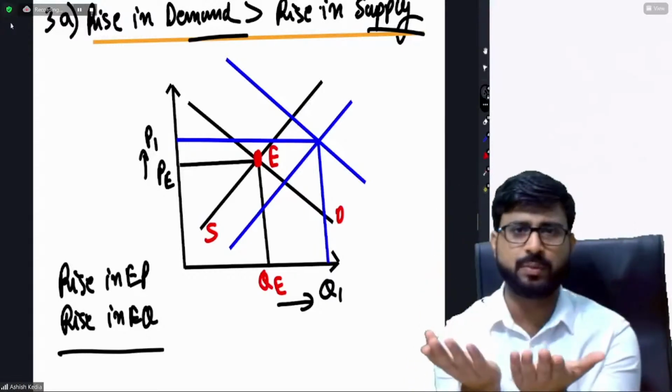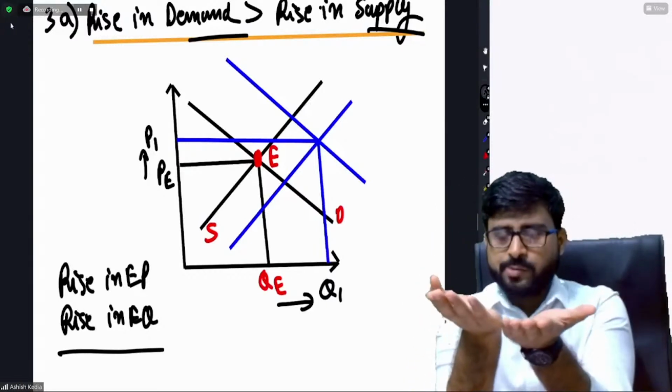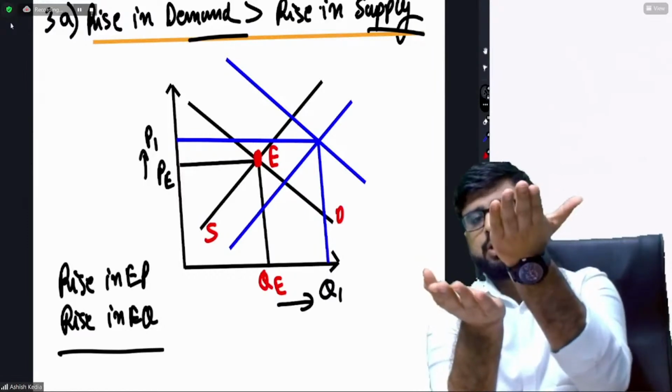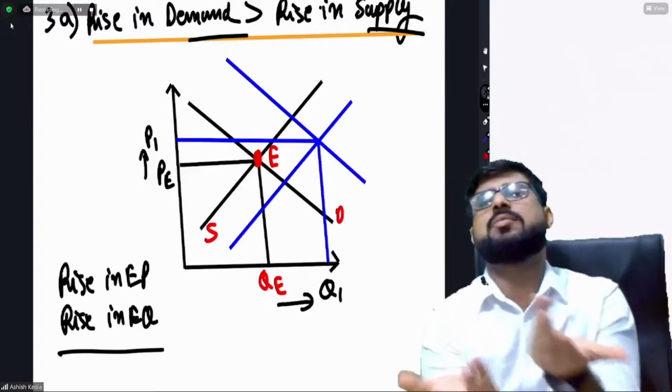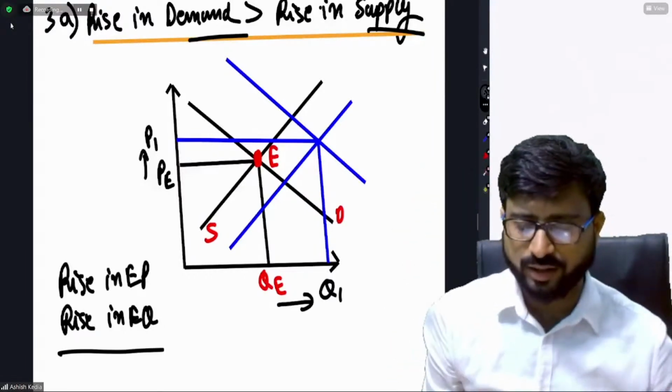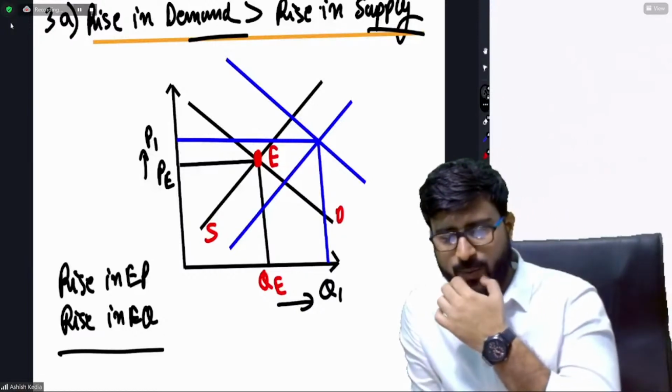Say this is demand, this is supply. Both are rising, but demand is going above. So there is excess demand, prices rise. So the answer is rise in equilibrium price and rise in equilibrium quantity.